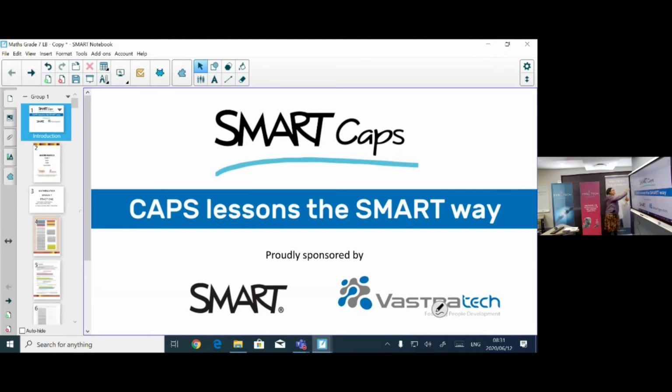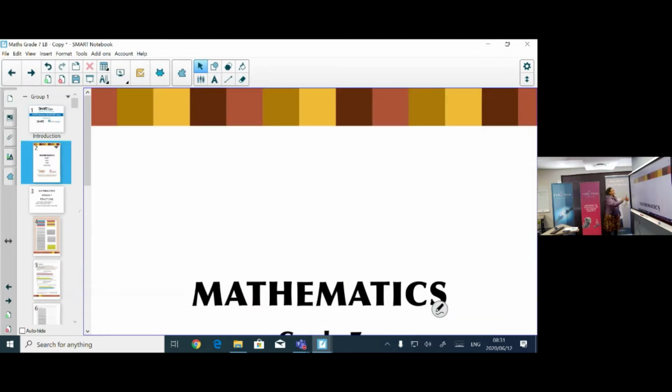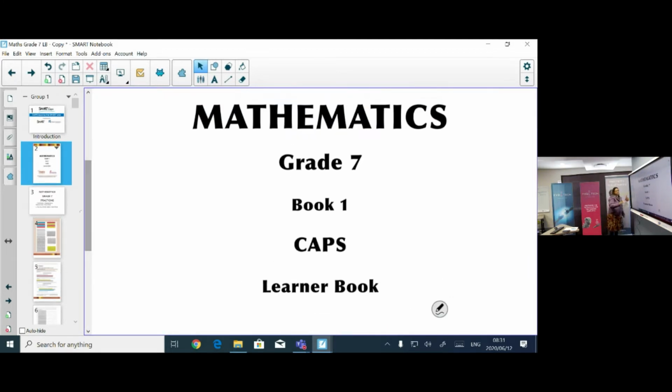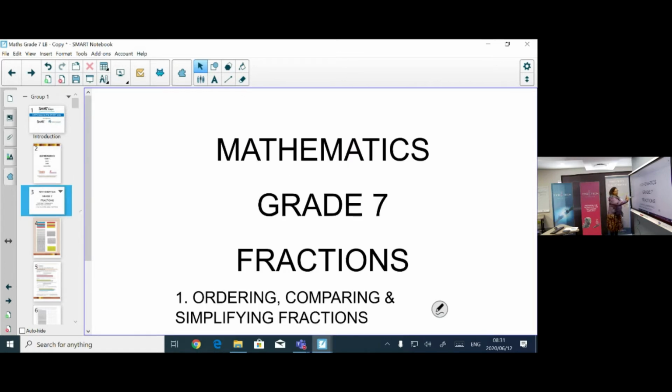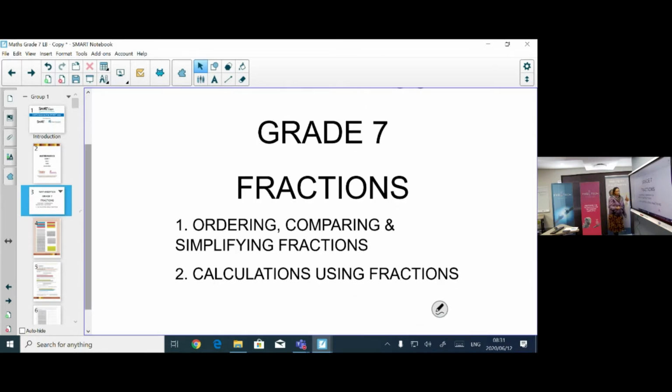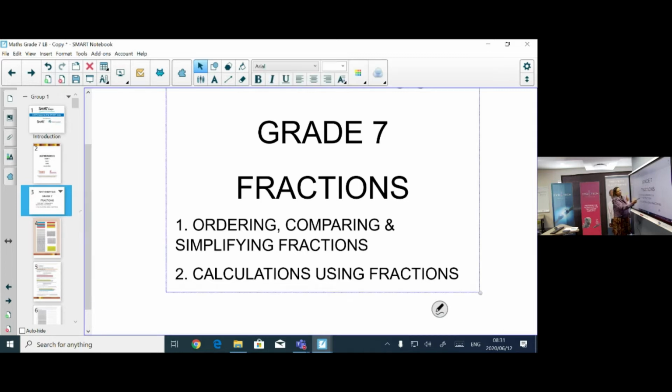Today we'll be presenting Mathematics, Grade 7. Under fractions, we'll be focusing today's lesson on ordering, comparing, simplifying fractions and calculations using fractions.